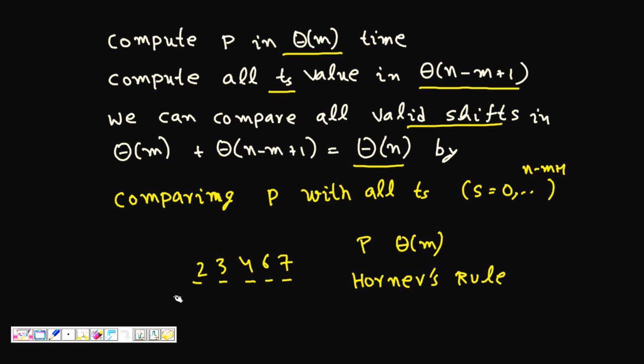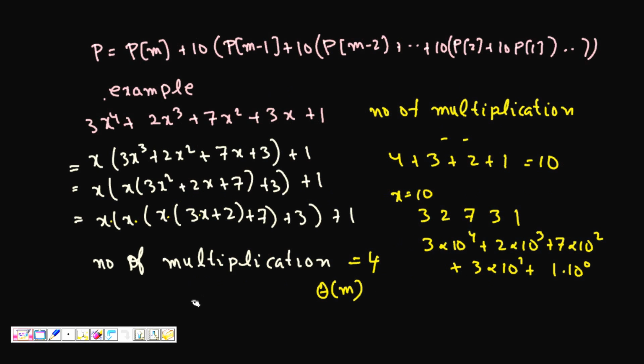If we have a number, let's say 32,731, and we have to evaluate this to a decimal number, what will you do? 3 into 10 to the power of 4, by place value, plus 2 into 10 to the power of 3 plus 7 into 10 square plus 3 into 10 plus 1 into 10 to the power of 0. So this is the procedure we have to do.